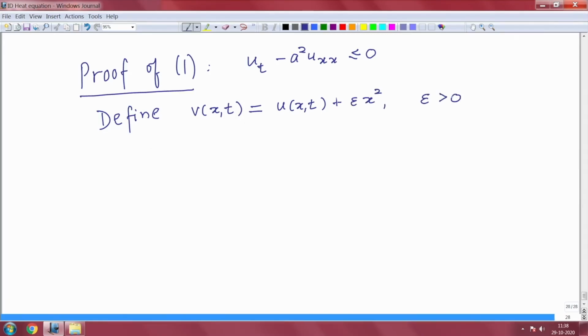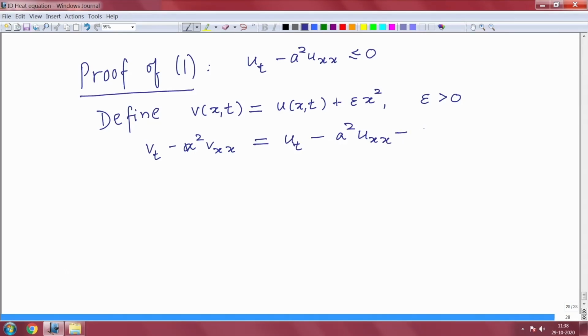So, then you compute v_t minus a squared v_xx. This is the same as u_t minus a squared u_xx. With respect to x, there is another term coming here, namely 2 epsilon, and there is a squared there.